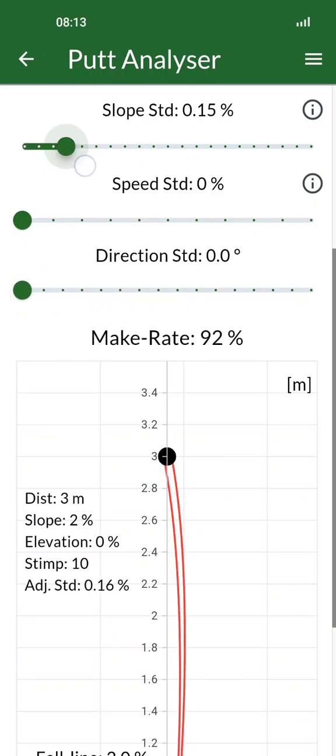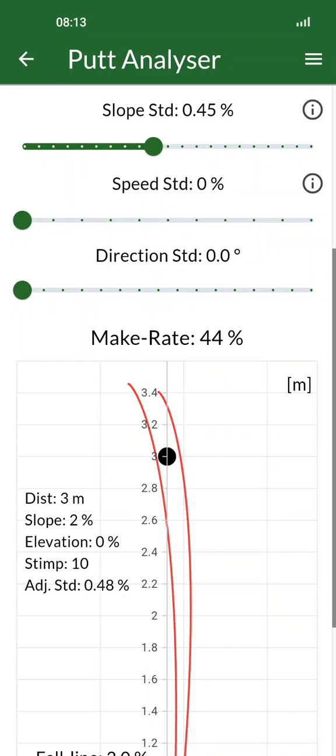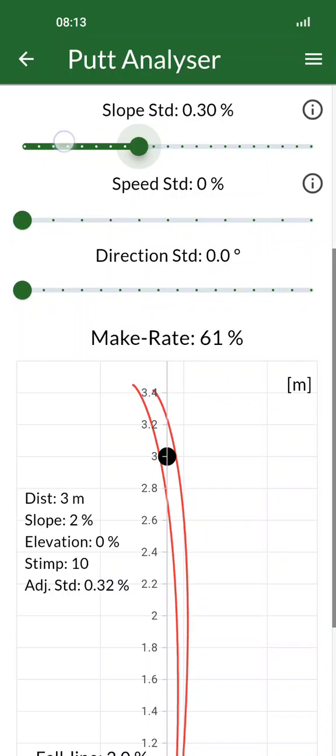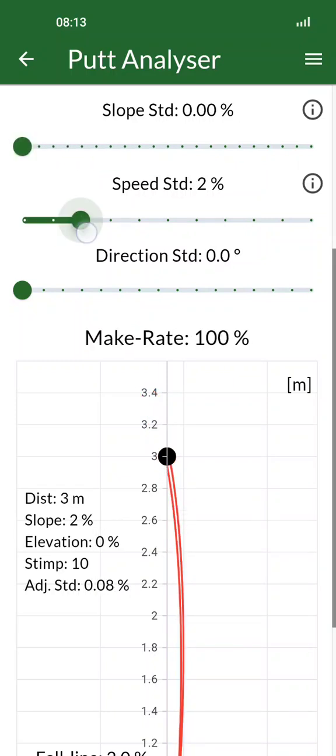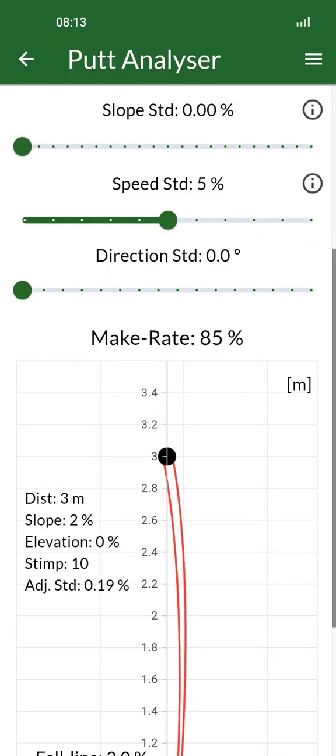For slope, my standard deviation is about 0.45, and this would give me a make rate of 44% for this 3-meter putt. For speed, we're looking at a standard deviation of 5%, which would give a make rate of 85%, which is considerably higher.